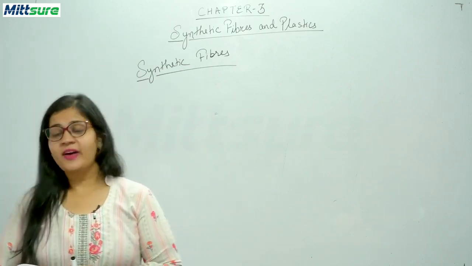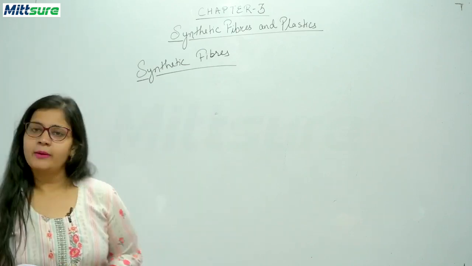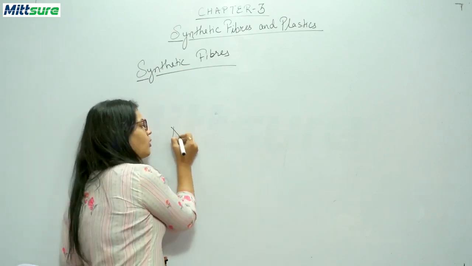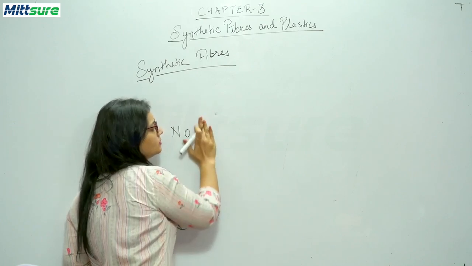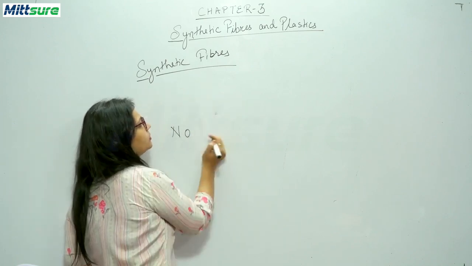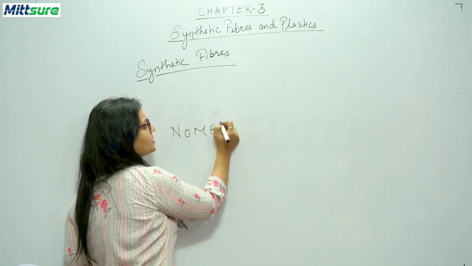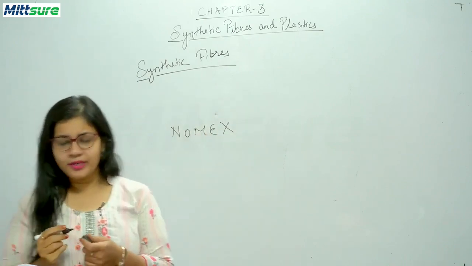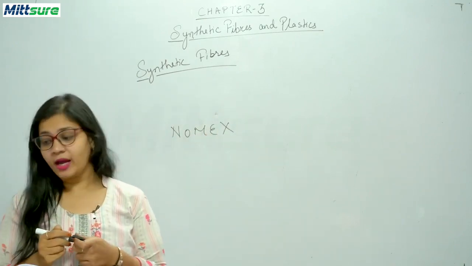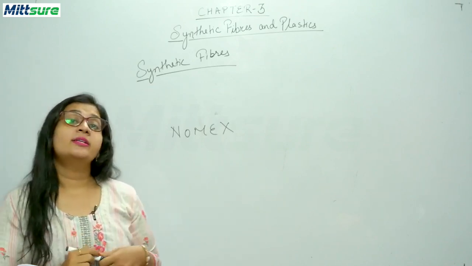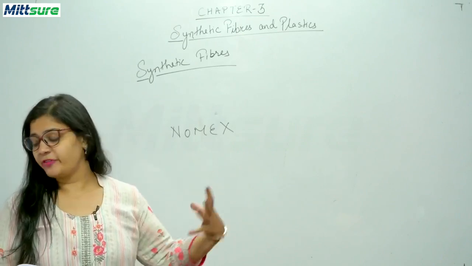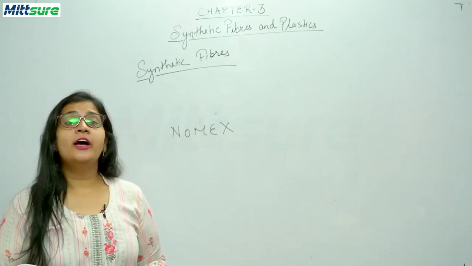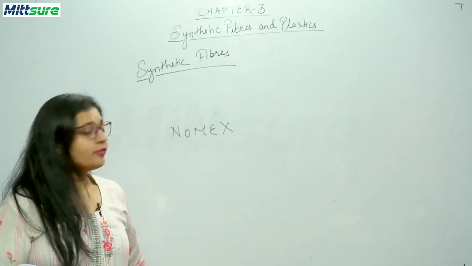You know students, there is a fact side given. This is a synthetic fiber called Nomex. Nomex is a polymer and it's a type of nylon, and it is fire resistant. Fire नहीं catch कर सकता ये कपड़ा आपका, this fiber, and that's why fireproof suits are made up of Nomex.